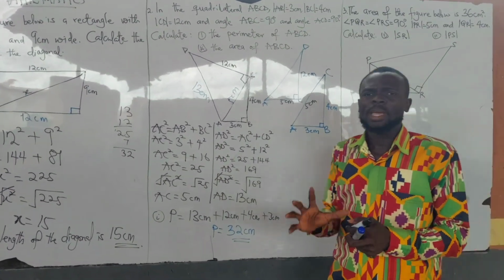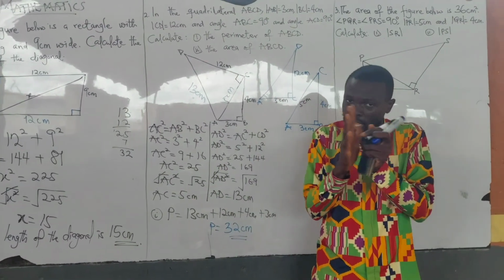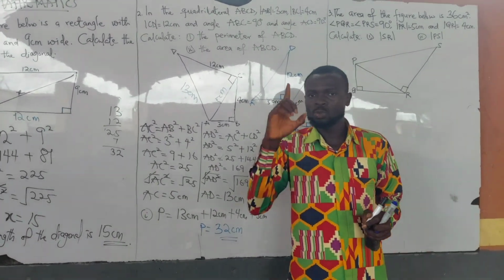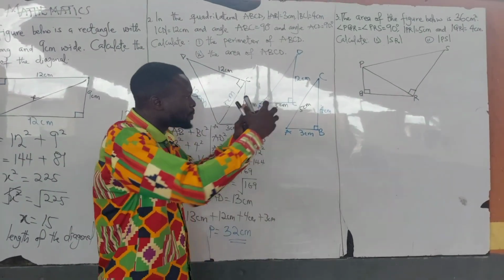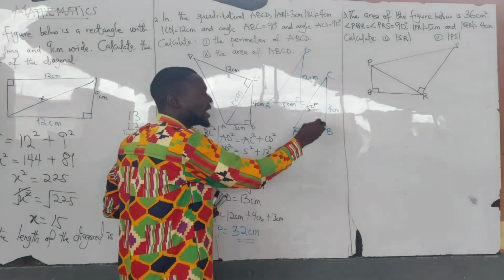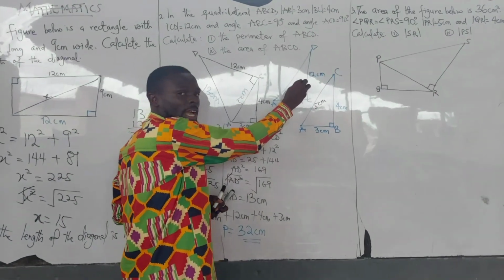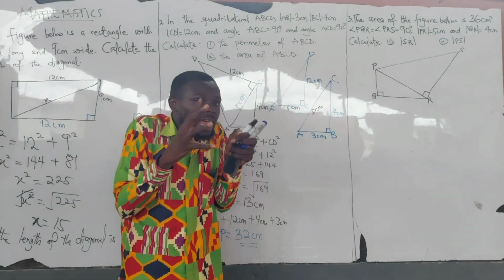Now, anytime it comes to area and you see two different shapes being put together, split them as we've done here. Know the area of this figure, know the area of this figure, and put them together, only if the shapes are together.